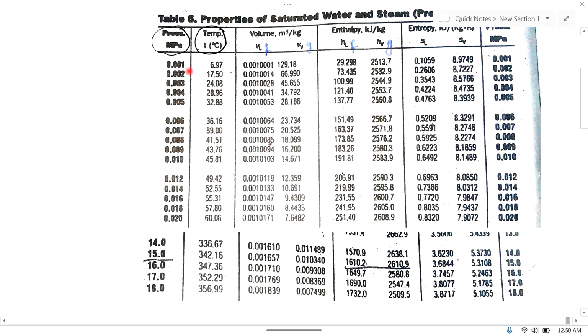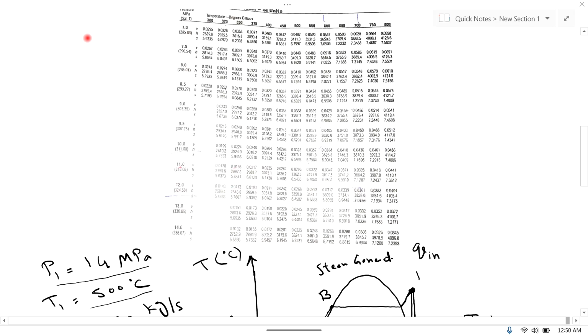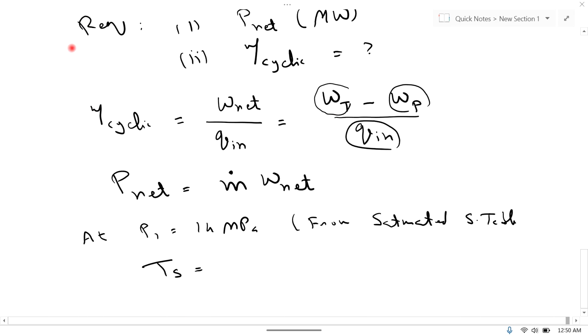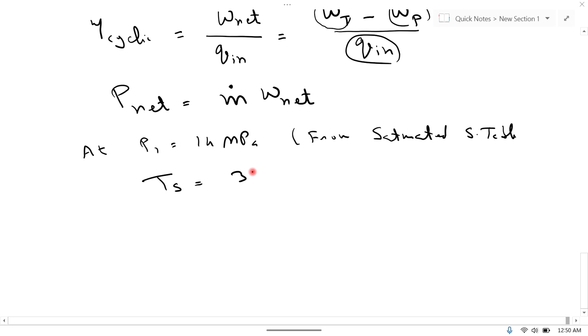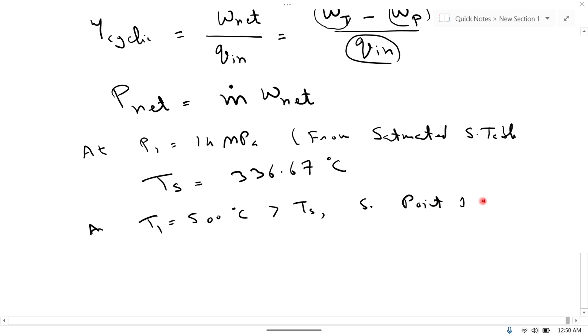At 14 megapascal, the saturation temperature is 336.67 degrees centigrade, but the temperature given to us is 500 degrees centigrade. As T is equal to 500 degrees centigrade, it is greater than the saturation temperature. So point 1 is in the superheated region.